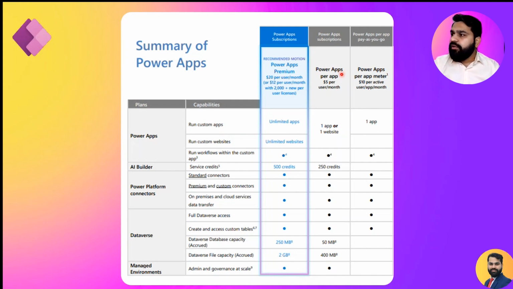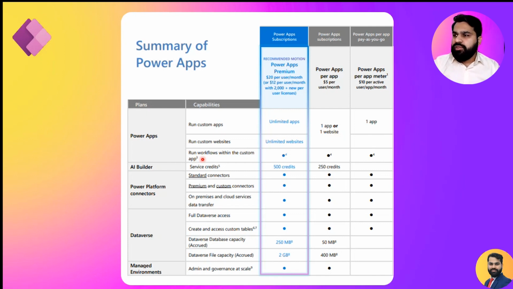When we talk about Power Apps per app licenses, what capabilities does this provide? The users will be able to access either one Power Apps application or one Power Pages website, but not both. So there is a choice of one.